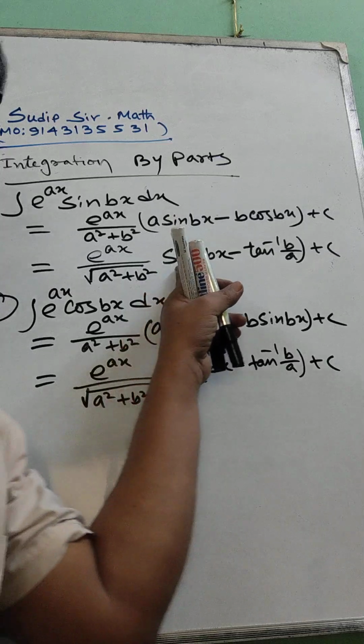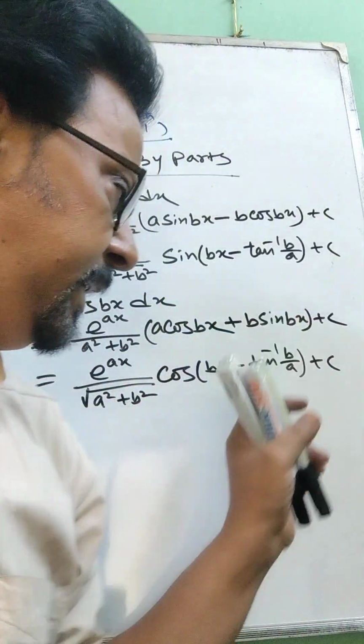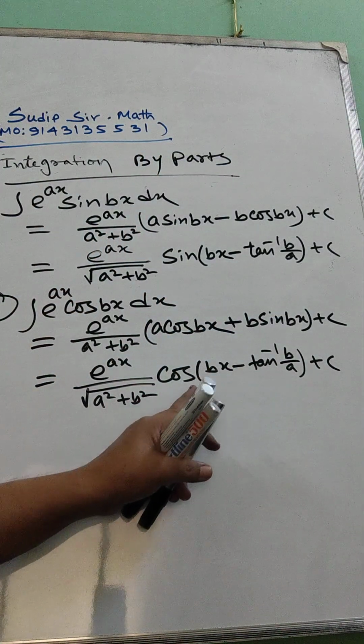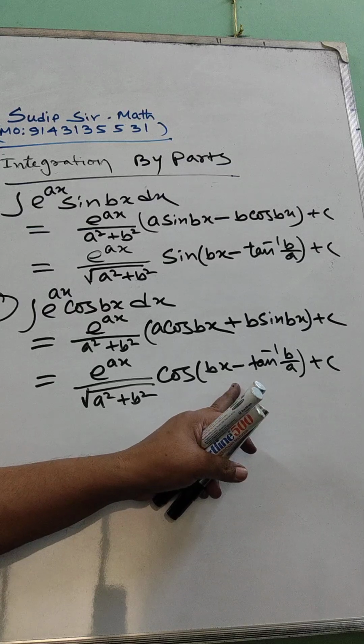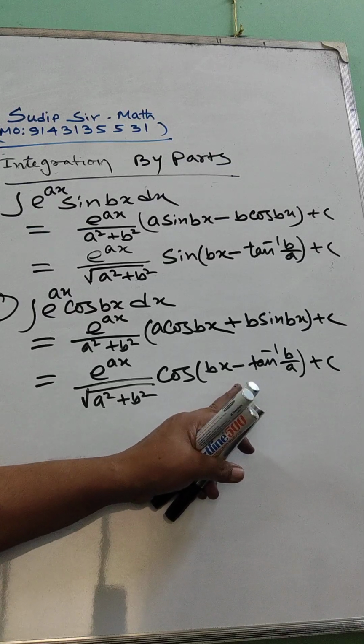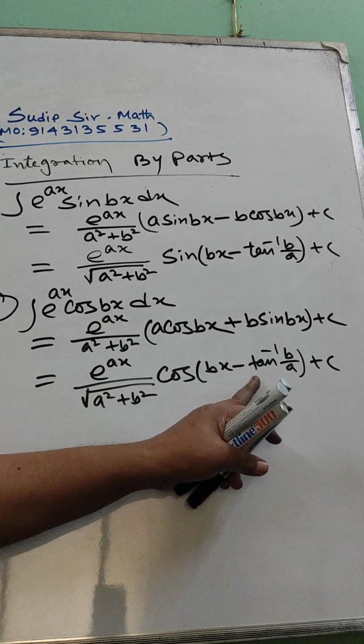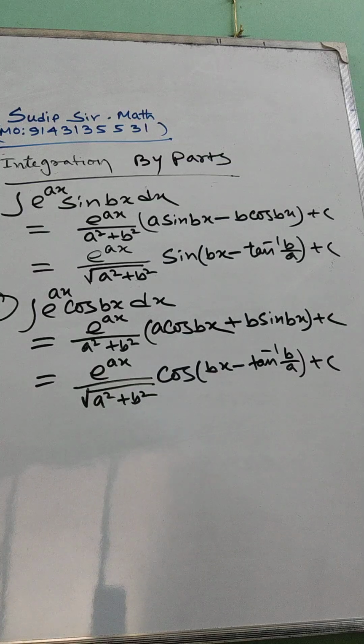Same type. This is sine, and this is cos. Same type, cos of bx minus tan inverse b by a.